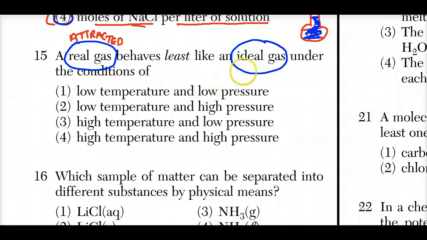An ideal student has no attractions for the people around him. He's focused on me, the teacher, like a falcon on prey. Any case, if I want to make a real gas that's really attracted to each other, so there really are attractions between them, I want it to behave least like an ideal gas.